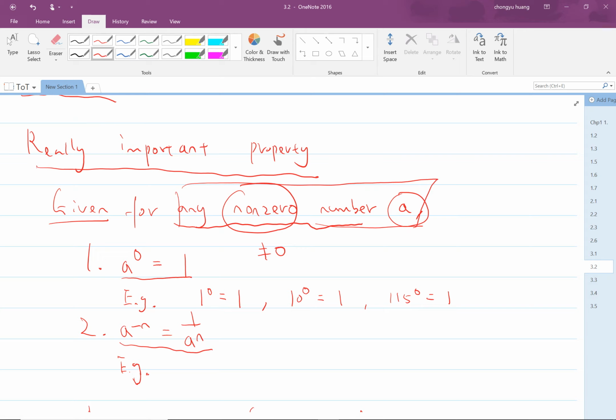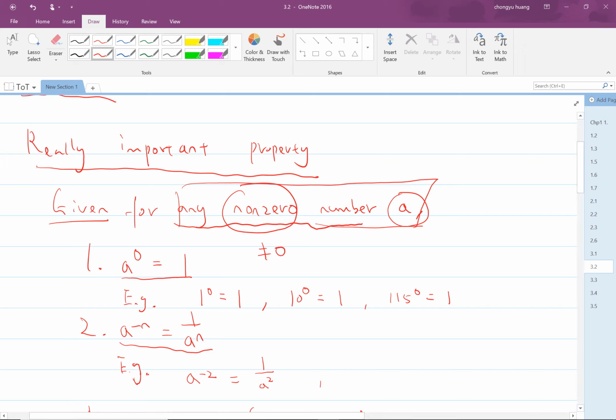Let me show you some examples. Say we have a to the power negative 2. We apply the property, and it becomes 1 over a to the power 2. So a to the power negative 2 is equal to 1 over a to the power 2.